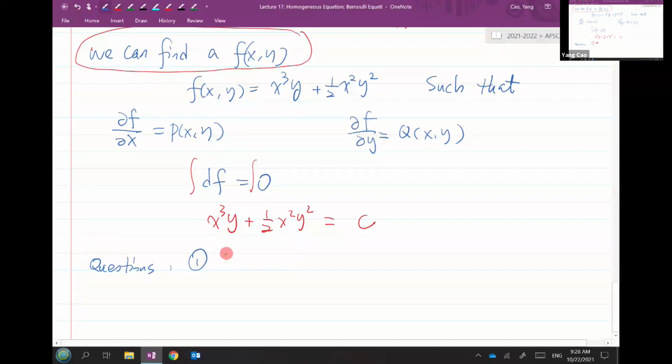First question is, how do we know that this function f of x,y exists?